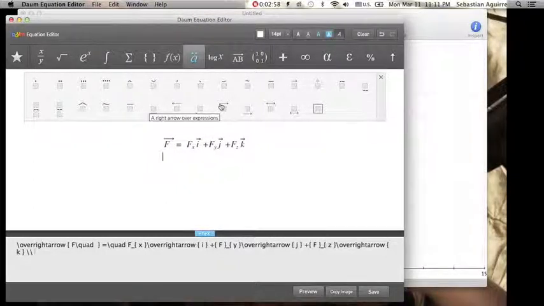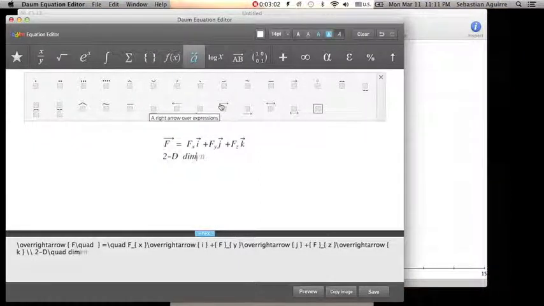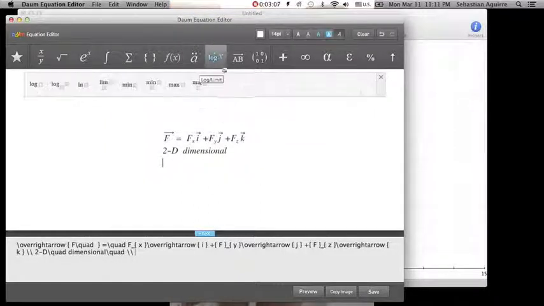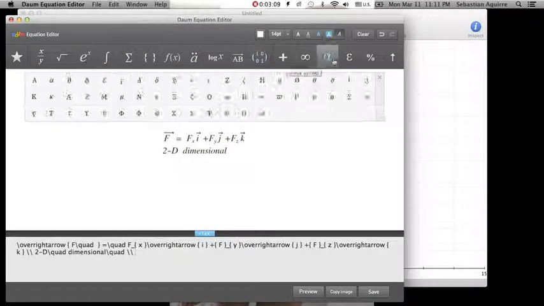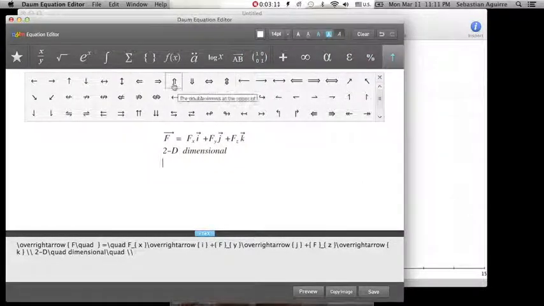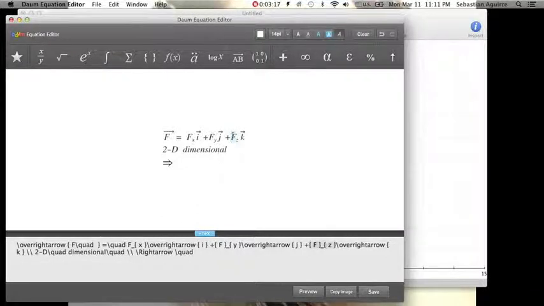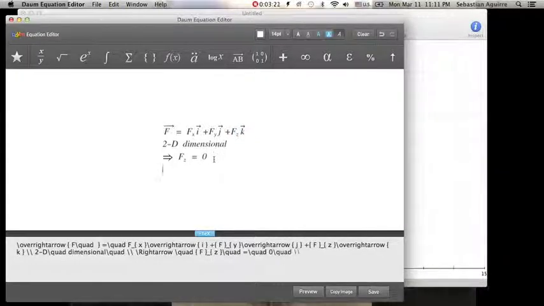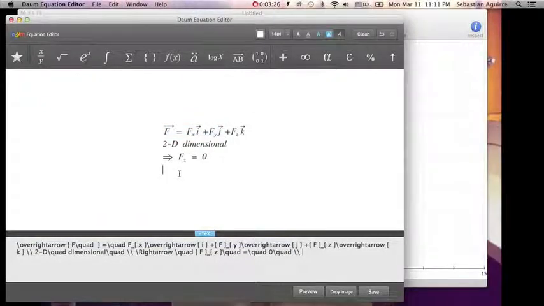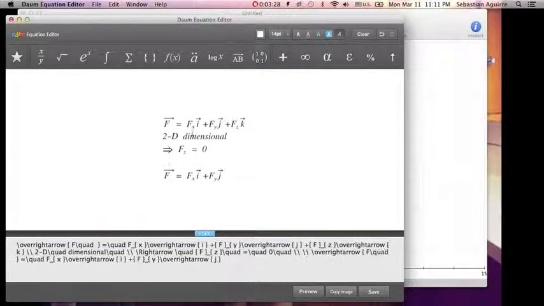Now, since it is a two-dimensional problem, we can therefore say that the force z is equal to 0, simplifying our problem to only this. Kind of neat.